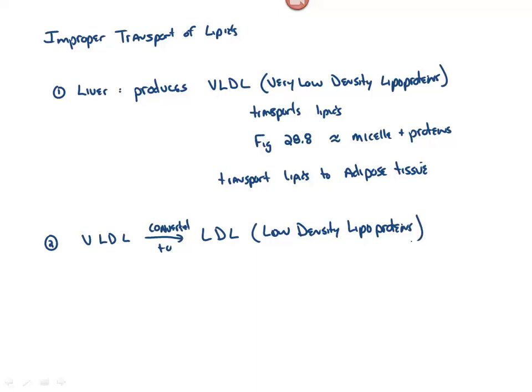And these transport lipids to peripheral tissue for energy. I don't even know how to spell that word, peripheral tissue. Yes, we will actually make that distinction here in a second. These are considered bad, meaning having an excess of them is bad.